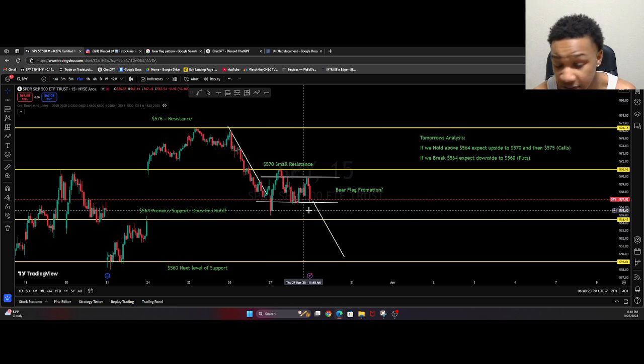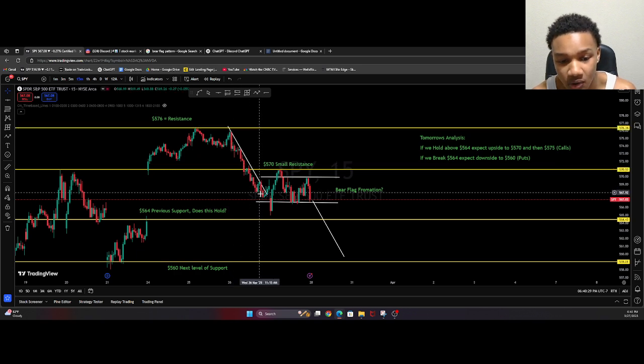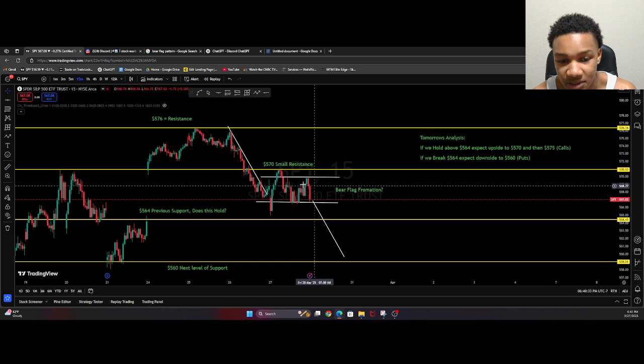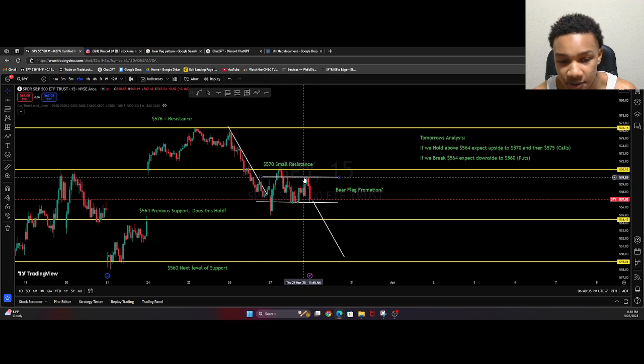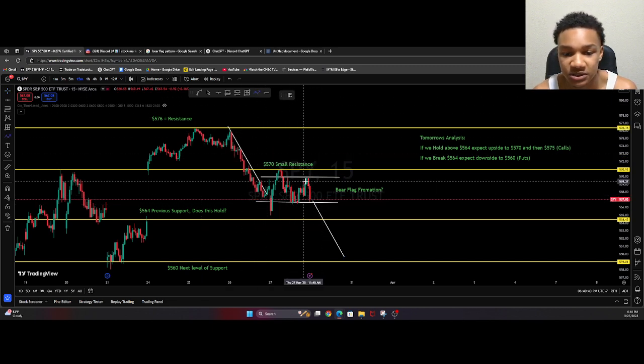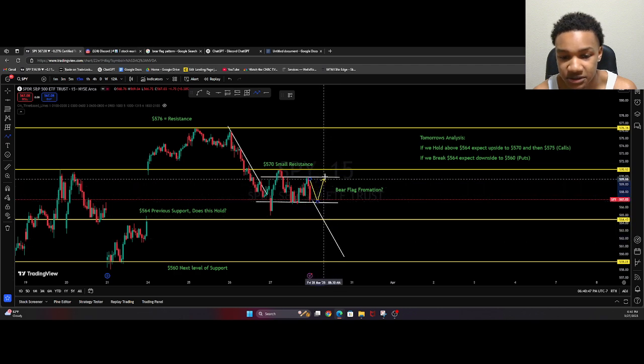Either it happens or it doesn't happen, but you can see right here it's going along with the bear flag pattern. We see this pole being formed. We see the consolidation being formed right here with the two support and resistance levels, and then we can expect price to maybe play some more. It came down, it can either drop all the way, but it may play some more in this range.